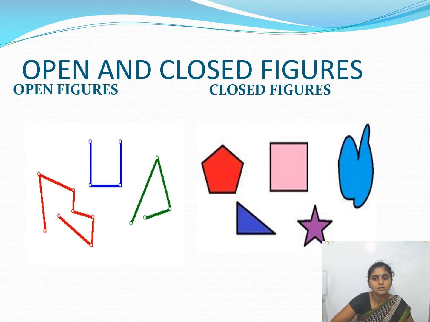Here a star is there, here a triangle is there, here a square is there. These are different shapes, and these are the examples of a closed figure. Yes. Move next.